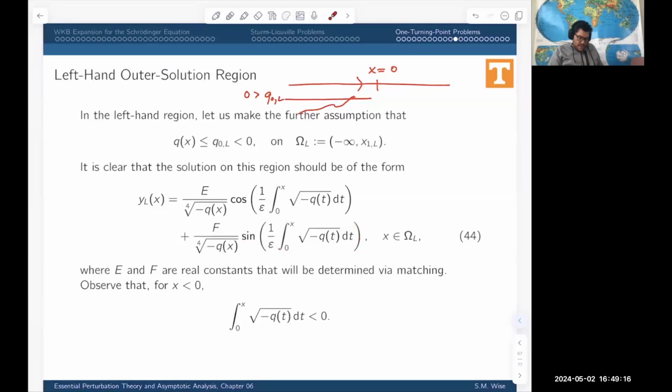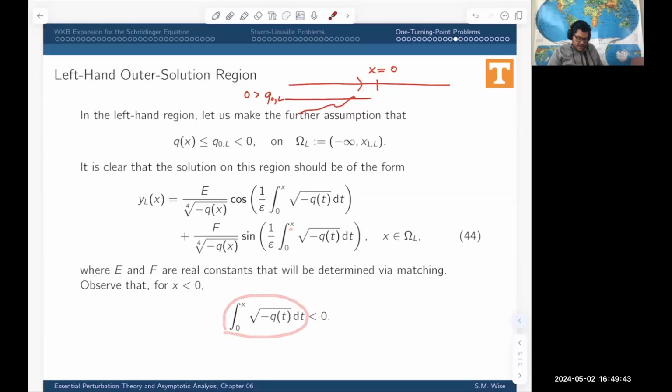This integral is going from 0 to x, but x is negative. If x was positive, we would be integrating from 0 to x over a positive function, so this would be an increasing positive function as x got larger and larger. But as it is, x is negative, so this whole thing is actually a negative number.